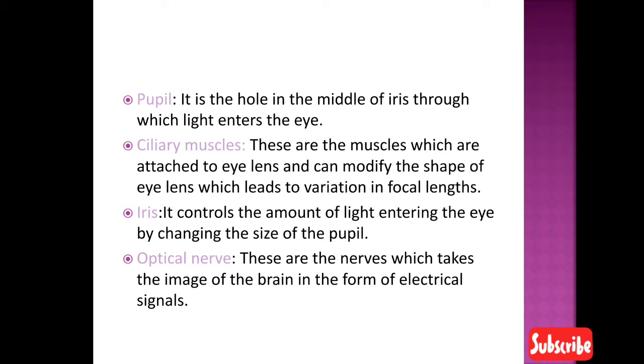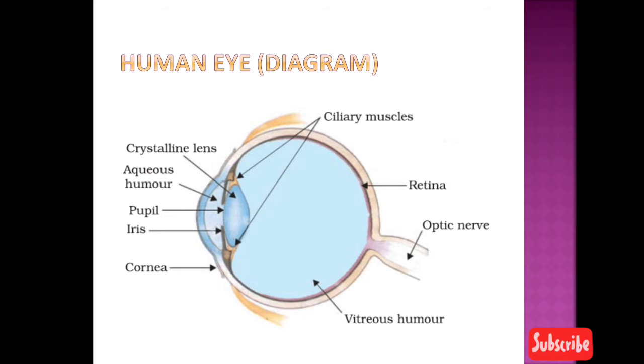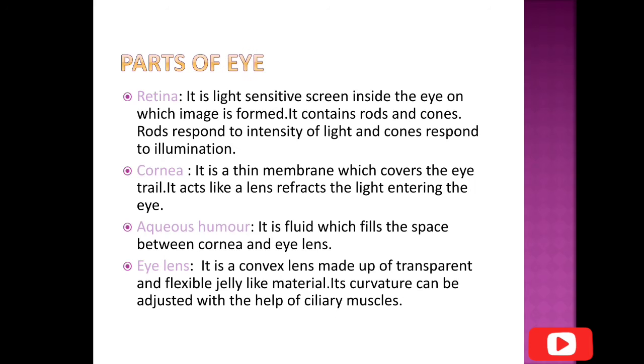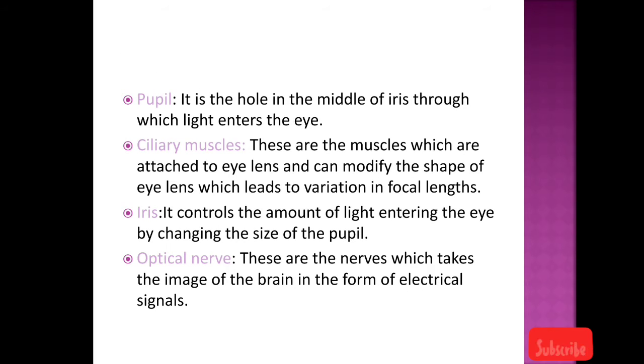Next are the ciliary muscles. The ciliary muscles are the muscles which are attached to the eye lens and can modify the shape of the eye lens, which leads to variation in focal length. So you can see here in the diagram the ciliary muscles. They are attached to the eye lens. Then next is the iris.